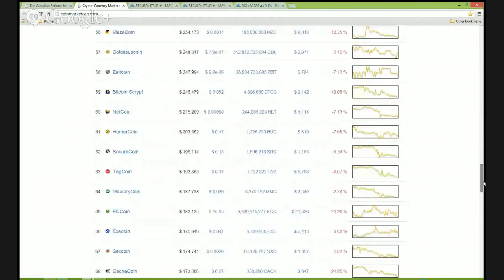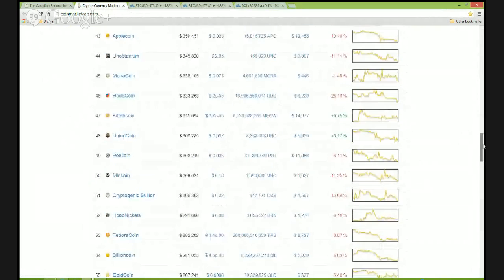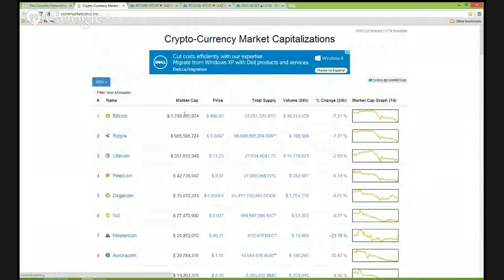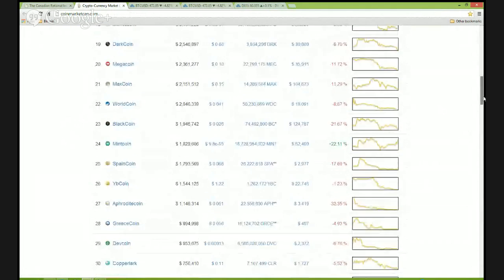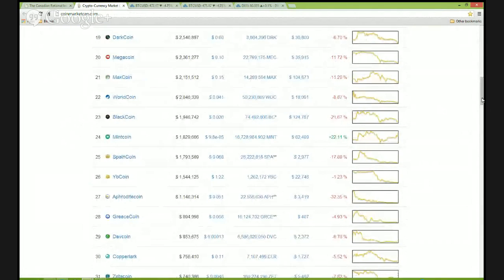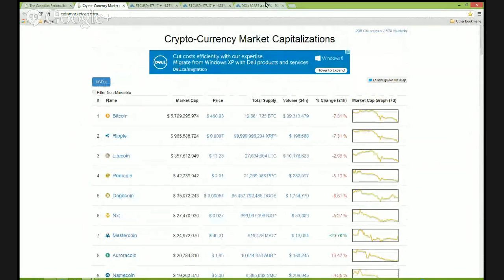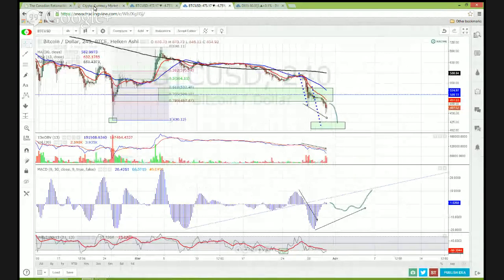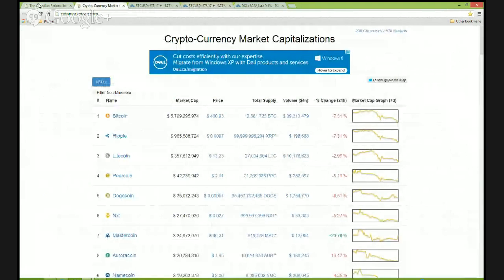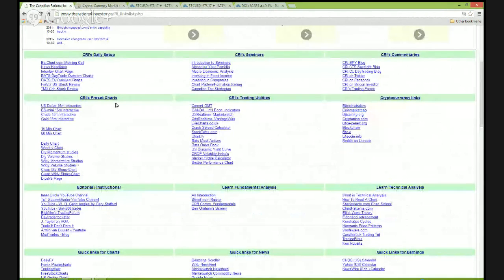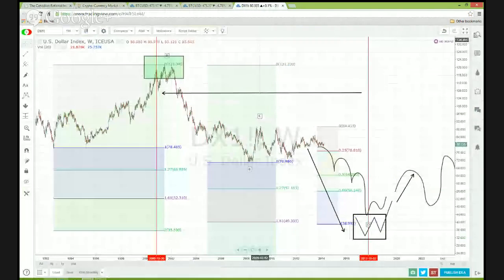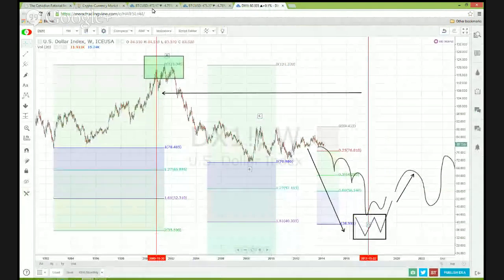So the question is not just limited to what's Bitcoin's fate, but now it's how diluted does the market get with all of these silly cryptocurrencies. By the end of this, there might be thousands of these cryptocurrencies floating out there. And really, all this does, in my opinion, is play right into this very natural fear cycle progression.